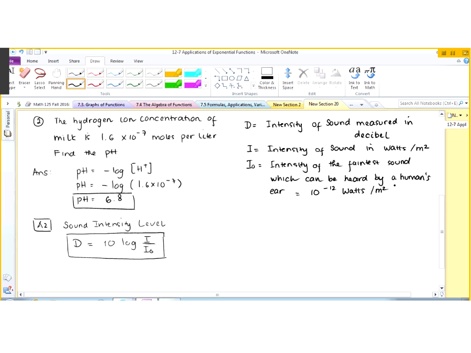So I naught is a constant. That's the lowest sound, the quietest sound which we could hear.